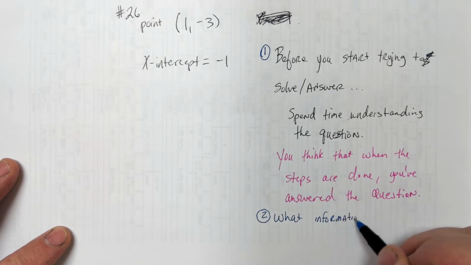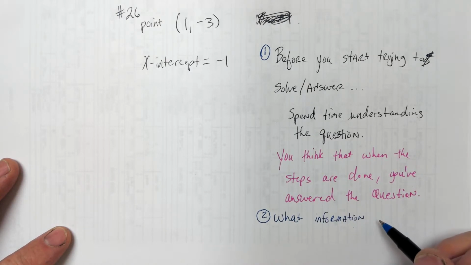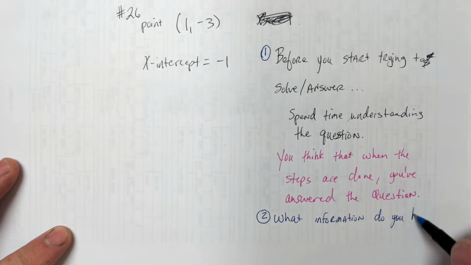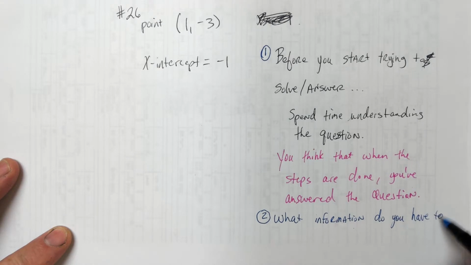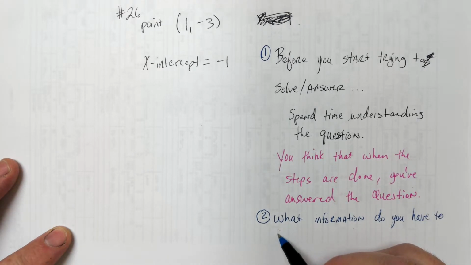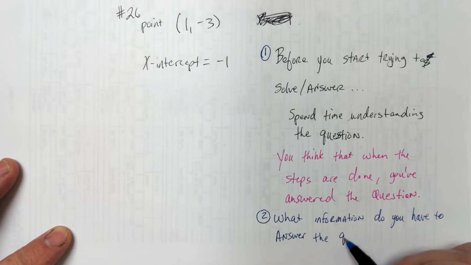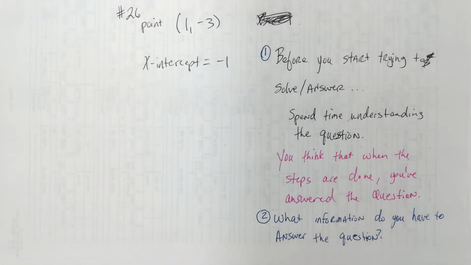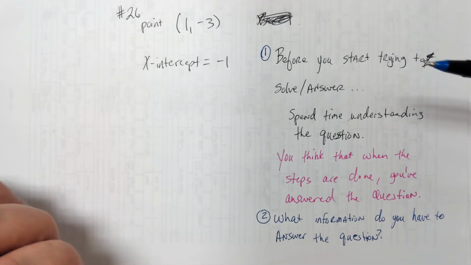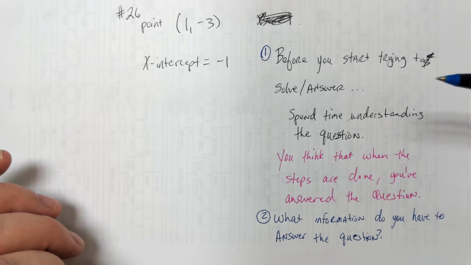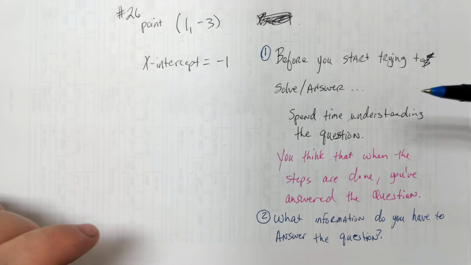This is fantastic advice right here, Priscilla. What information do you have to answer the question? So Eminem, the reason you got really confused on these is because you're really good at studying the steps and just following them, and you got that, right?